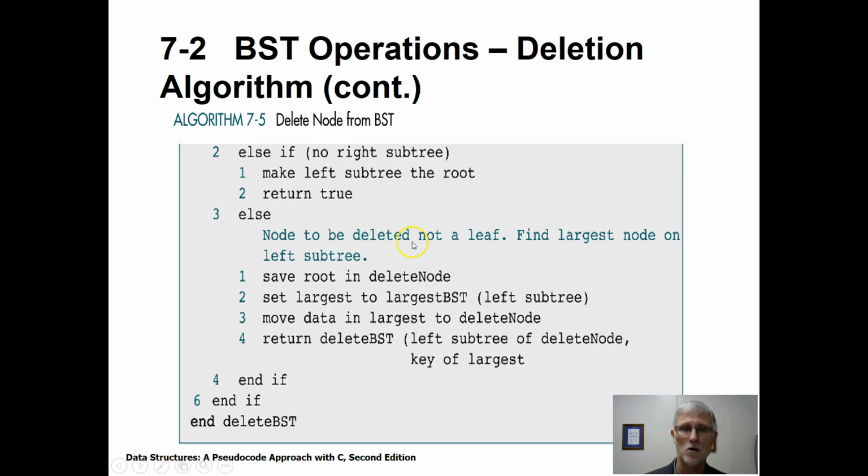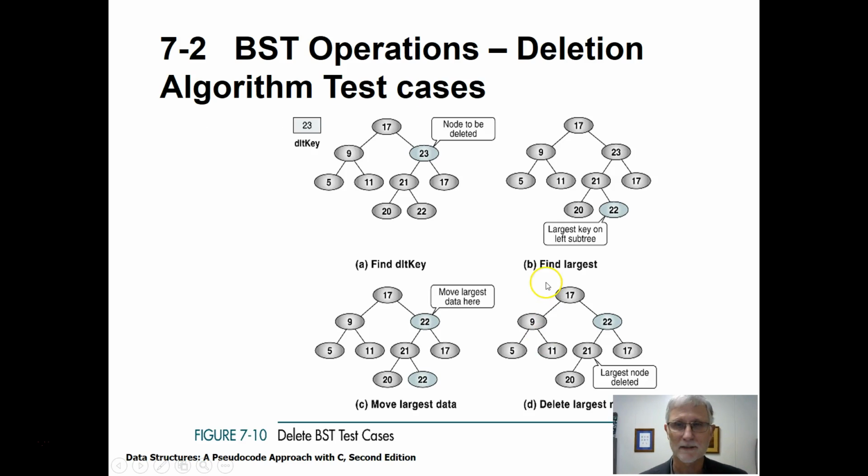If the node to be deleted is not a leaf, I've got to find the largest node on the left. I've got to save it. Set the largest there, and then move that data, and then I can go back and delete the left subtree node that is being moved. So it's not overly complicated.